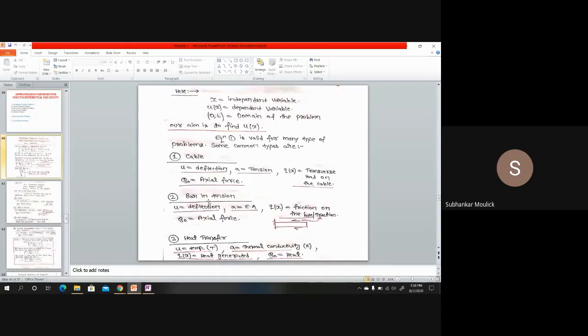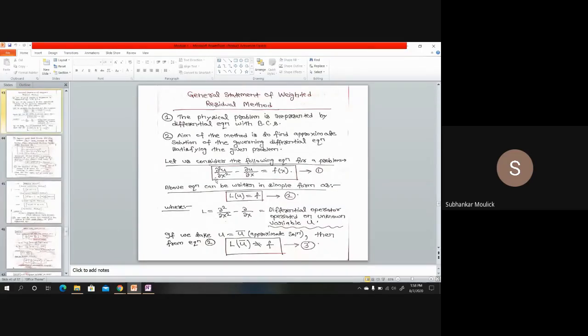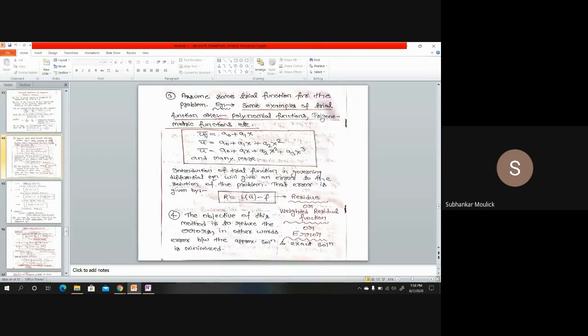That means if I want to find out the solution of this differential equation by this method, I have to assume one approximation function. Let that approximation function, that is u, is equal to u bar. Now this approximation function can be anything. It can be a linear polynomial approximation function. It can be a quadratic polynomial. It can be a cubic polynomial.